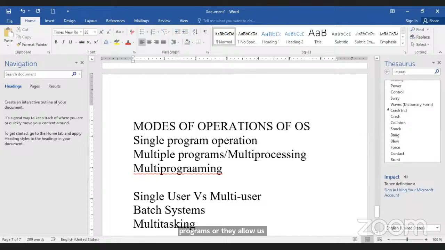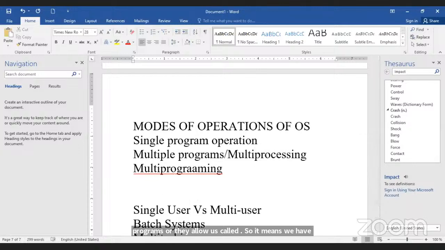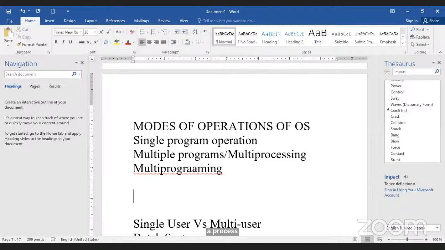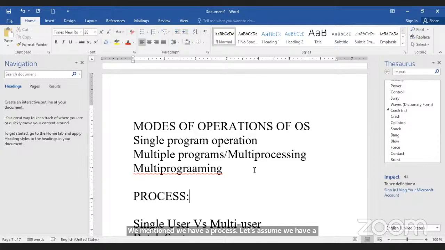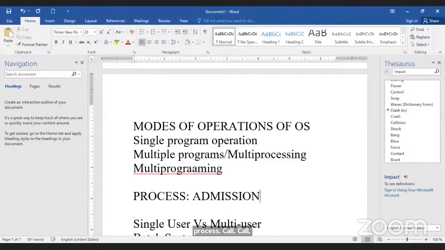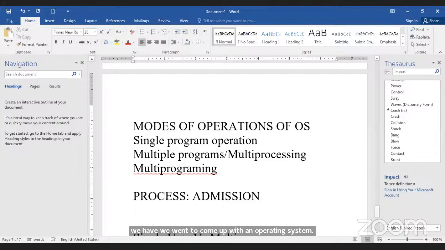So it means we have a process. Let's assume we have a process called admission. We want to come up with an operating system that can allow admission.